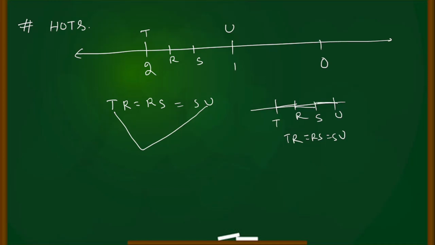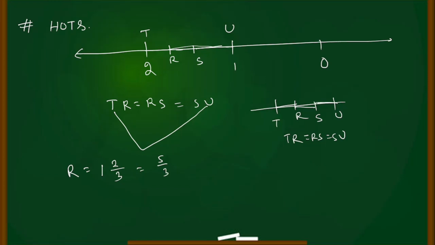Now the question is, write the rational number for R. R is after 1, so first we write 1 whole. It is divided into 3 equal parts, that's why the denominator is 3. The numerator is 2 because R is the second point. Now 1 times 3 is 3, plus 2, so 5 by 3.